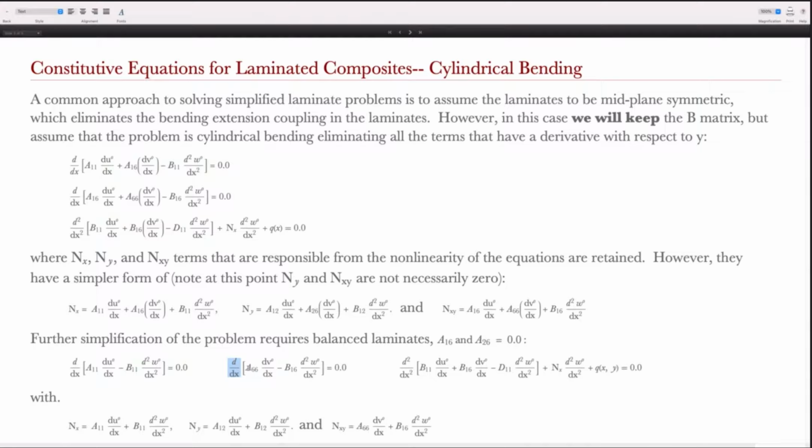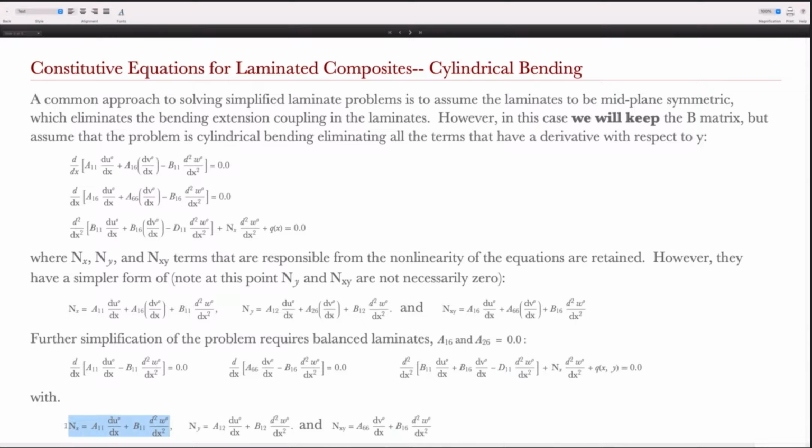The derivative of this entire term with respect to x must be 0. And the second derivative of this term plus Nx times the second derivative of this w plus q must be equal to 0. And the definitions of Nx, Ny, and Nxy also simplified a little bit more.